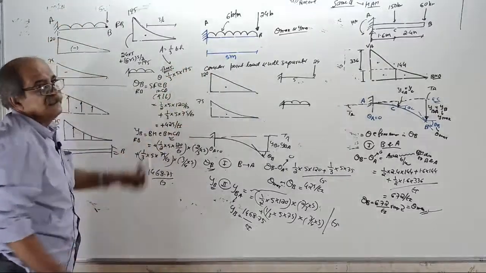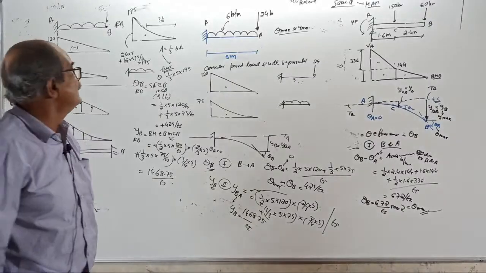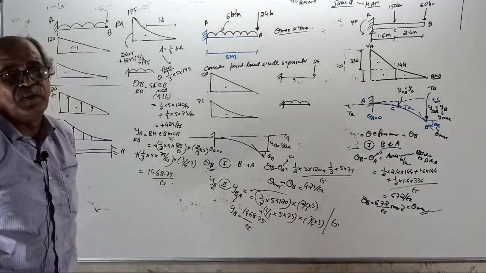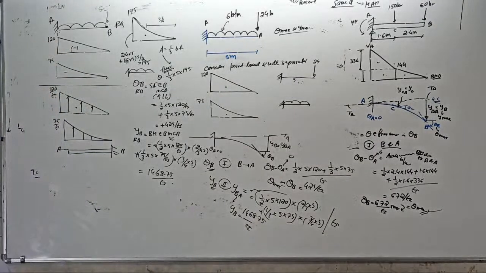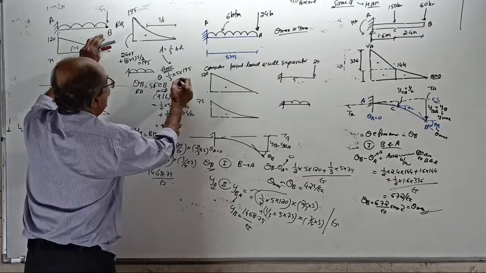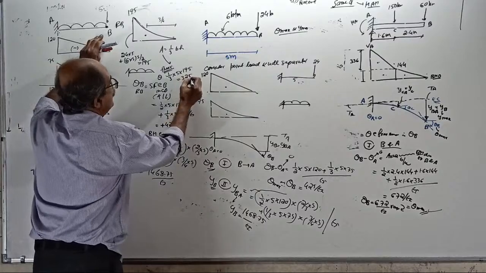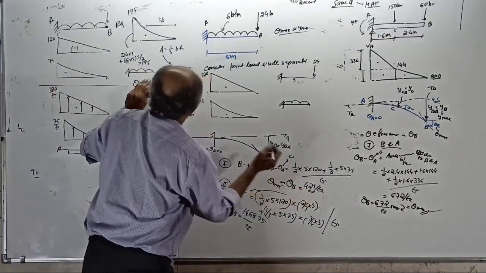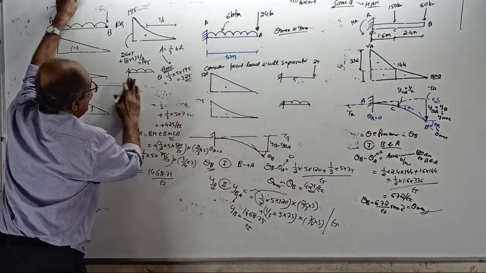EI is not required. It will be a different answer. It will be 325. Their answer is 325. The real answer is 425.